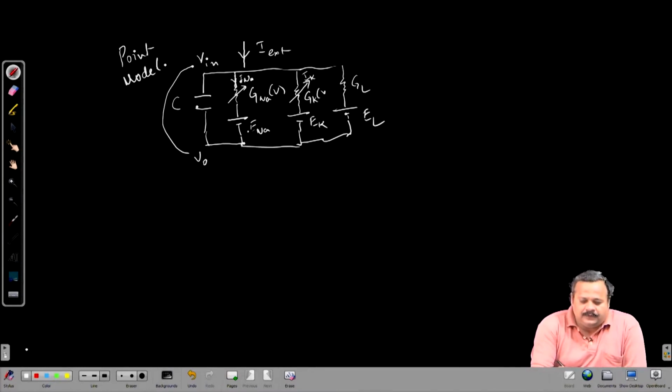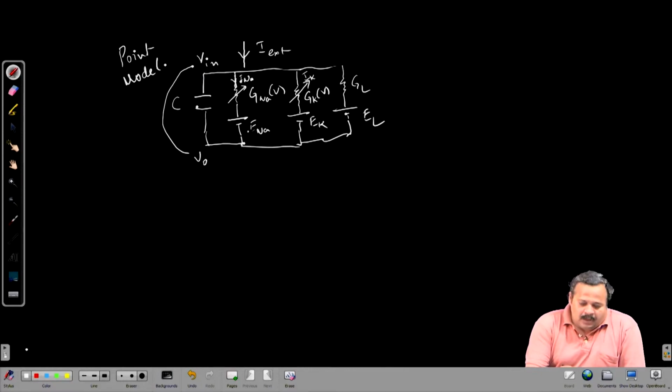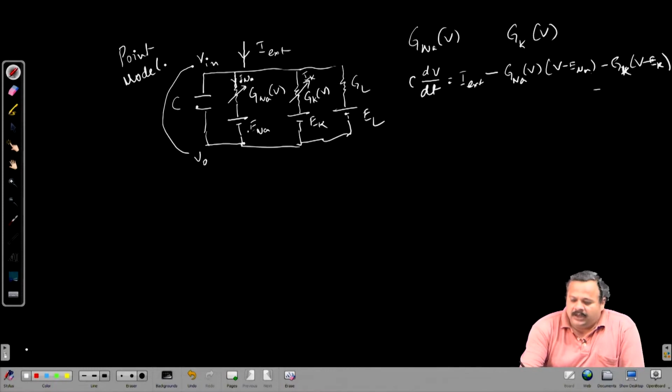So essentially we are trying to find out what our G Na as a function of V should be and G K as a function of V should be. As we have discussed, our equations governing this system, one of the equations is C dV/dt equals I external minus G Na as a function of V into (V minus ENa) minus G K into (V minus EK) minus G leak into (V minus E leak).